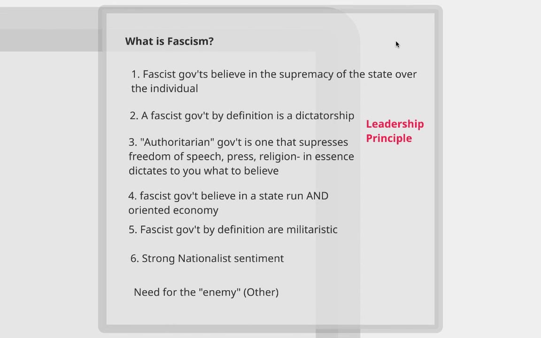Excluding them that way, socially outcasting them, not allowing them to live in certain neighborhoods, not allowing them to have a passport, simply because they do not match this ethnic identity. And so it is not simply just that, for example, and I'm going to use the United States as an example, that we are all United States citizens because we were born here, regardless of your ethnic or religious background.